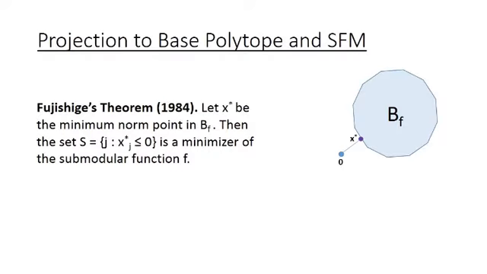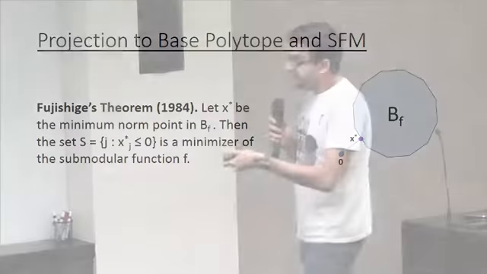Okay. How does this deal with submodular function minimization? Why is this polytope important for minimizing the submodular function? I can minimize a linear function over this weird polytope. How do I find the minimum value of f? Well, here's a remarkable theorem, due to Fujishige. So this is my base polytope. It lies in some dimension. I'm going to draw in 2 dimensions always. This is the origin, and I look at the point on the base polytope which has the minimum Euclidean norm.